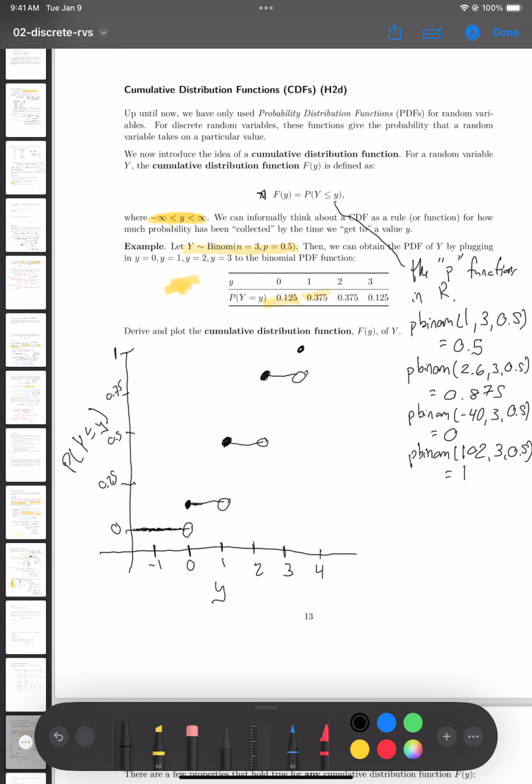That jumps you up to 1. Anything past 3, the CDF is going to be valued at 1, because the probability that y is less than or equal to, say, 5.5 is 1. And so you remain at 1 for the rest of the graph. Similarly, down in the lower left, you remain at a probability of 0 for any value of y that's less than 0.